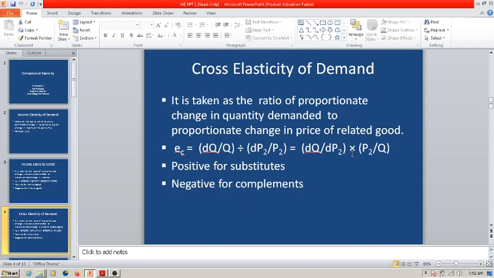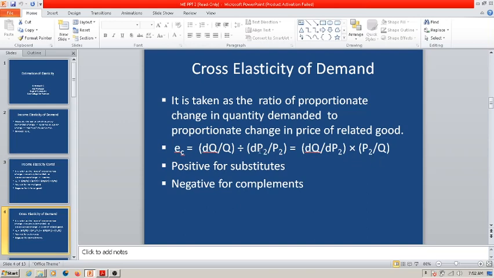The expression goes like this: EC, which is the cross elasticity of demand, is given as the proportionate change in quantity, dQ by Q, divided by the proportionate change in the price of the related good. Here the price of the related good is depicted as P2. So this is the proportionate change in the price of the related good. Rearranging, dQ by dP2 into P2 by Q.